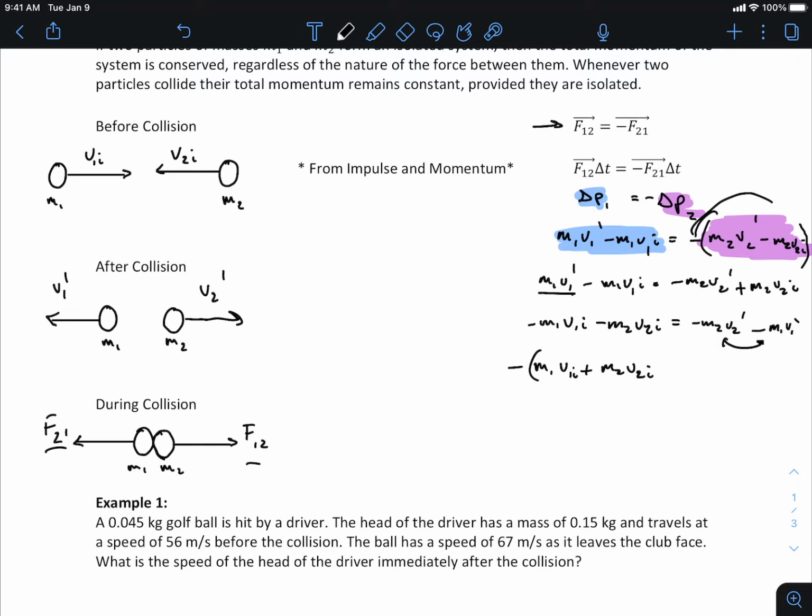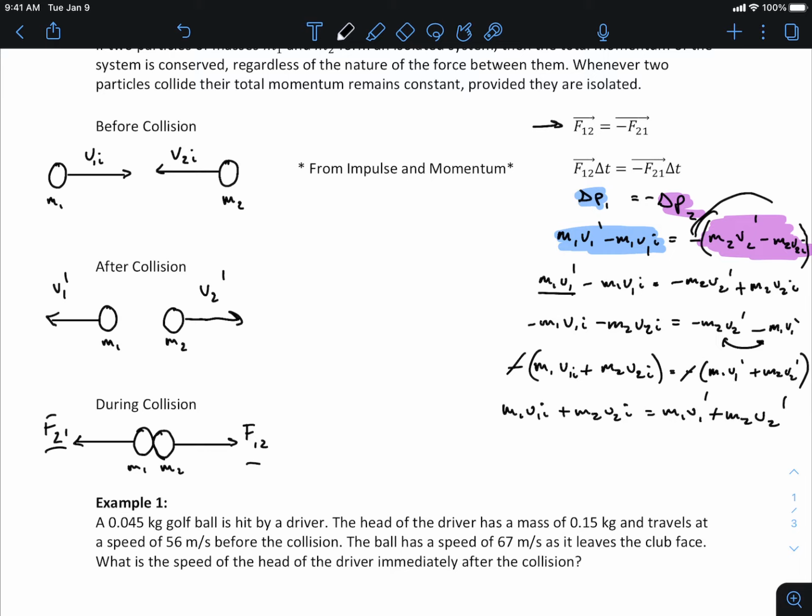And that has to equal the same thing on the other side, which I'm just going to reorder: M1 V1 prime plus M2 V2 prime. Now if I divide both sides by the negative, they cancel out, and you're left with M1 V1 initial plus M2 V2 initial is equal to M1 V1 prime plus M2 V2 prime.